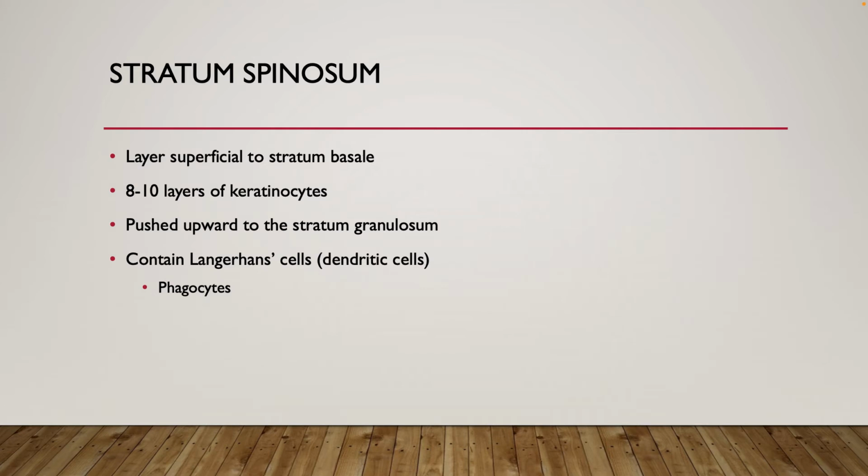And in this layer, we have a cell type called a Langerhans cell, sometimes called a dendritic cell. Now, these participate in immune reactions, and they're a type of antigen presenting cell. What this means is that if we have a foreign antigen, a foreign bacteria, some type of foreign particle within our body, these cells will take them up via phagocytosis. So it is a phagocyte.